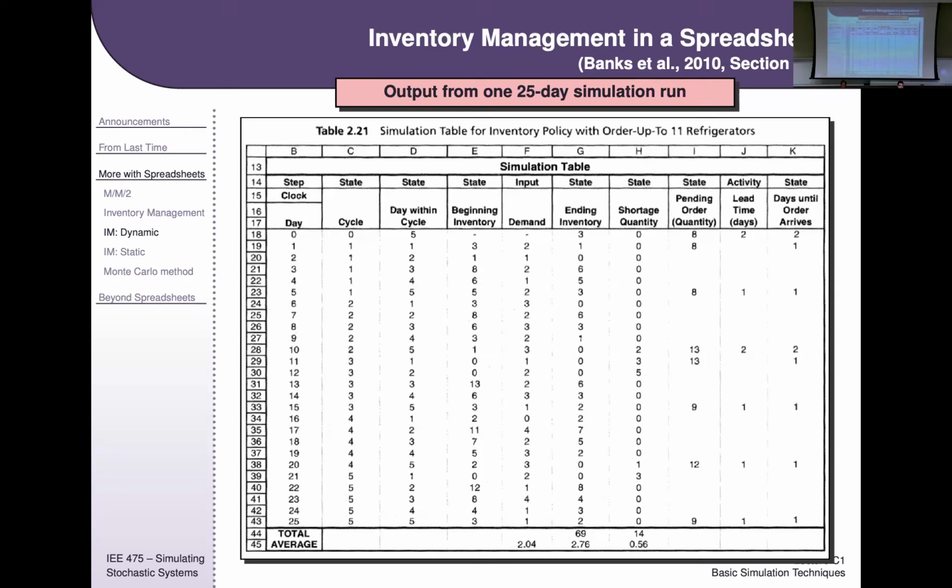So we might want to minimize this average while also minimizing the shortage quantity. But that's a multi-objective problem. If you have very low inventory at the end of the day, it's going to be a higher probability you're going to have very high shortages. So those are the things as we play with this M and N, it's going to change these averages here.